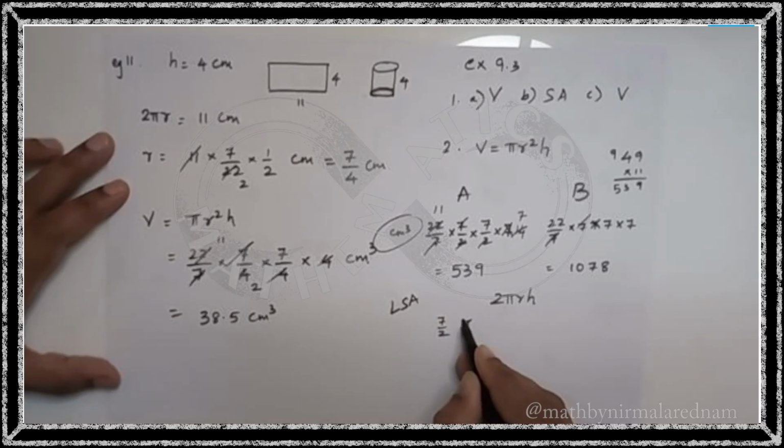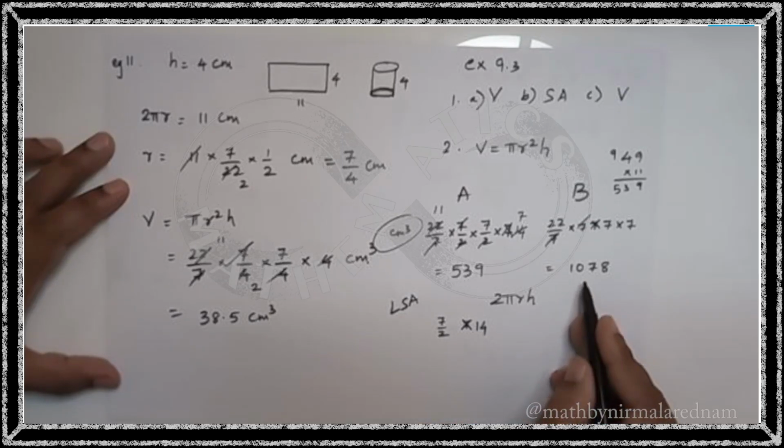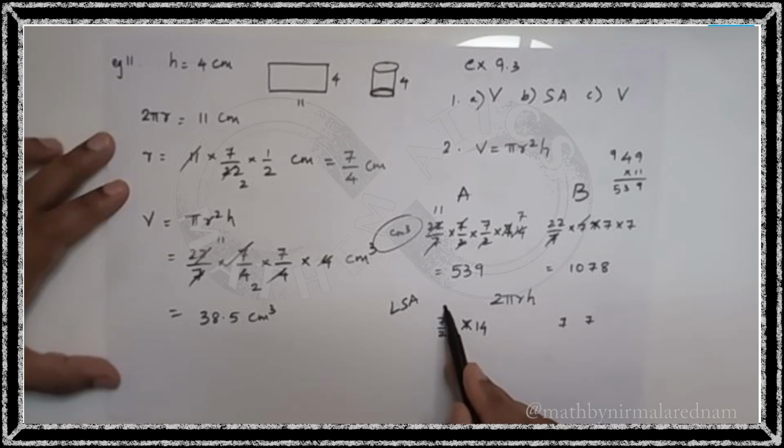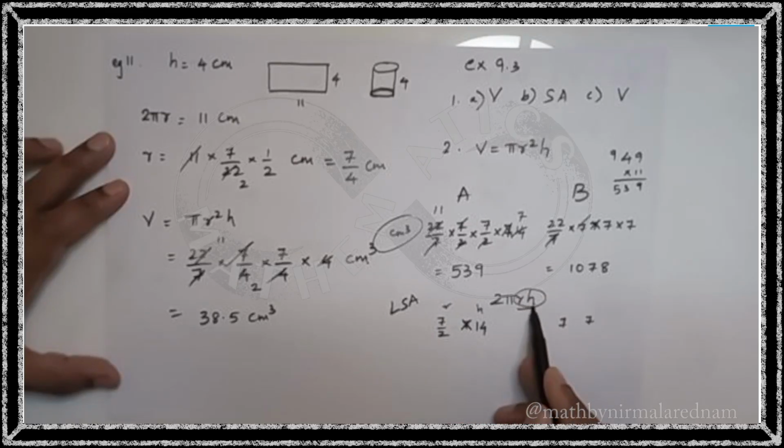Sorry, I keep taking it as 7, it's 14. For cylinder A, 7 by 2 and 14 is the combination. For cylinder B, it is going to be 7 and 7. So you can see that the product r h is the same for the lateral surface area. So you will find that the lateral surface area for this is the same as lateral surface area for the second cylinder, right? That is if you're considering the lateral surface area.